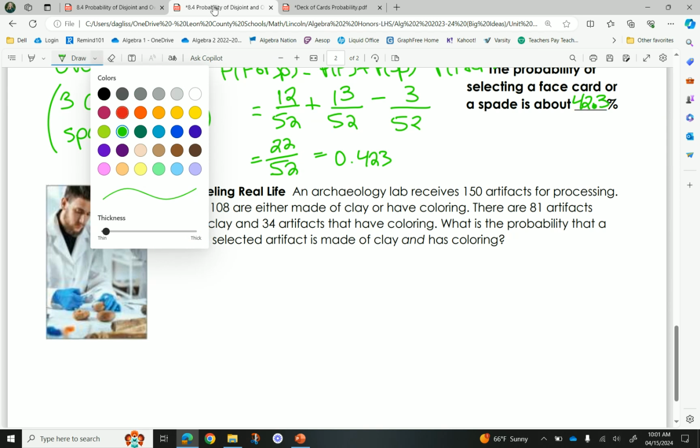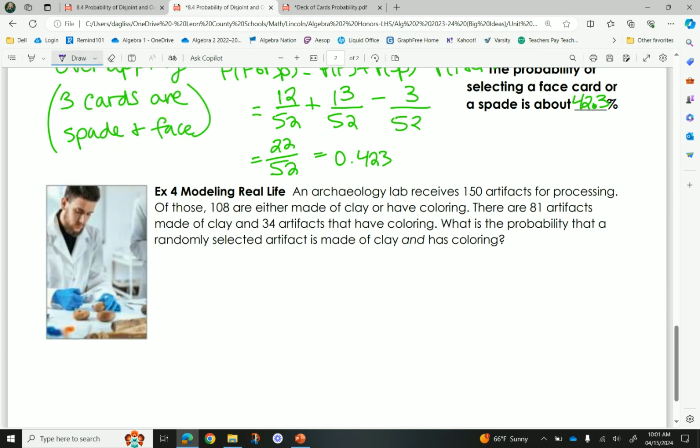Okay, so let's look at the information that's been given to me this time. We have 2 facts about my artifacts. Event A could be that it's made of clay. Event B could be that the artifact has coloring on it. It wants to know the probability that both are happening.